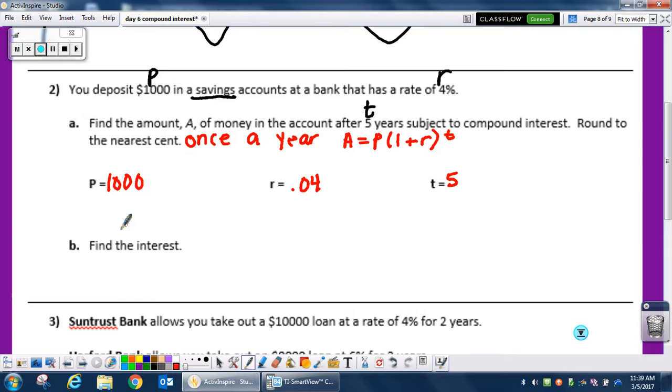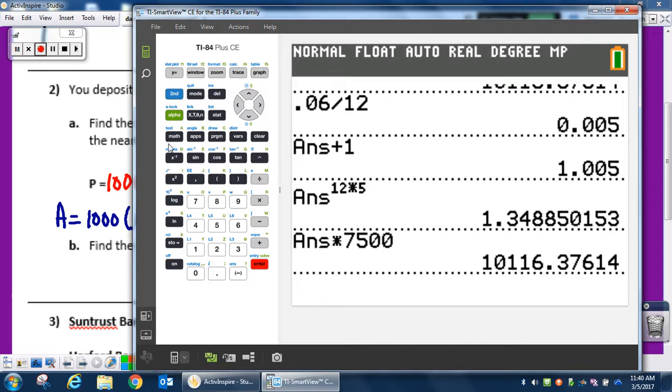Okay, so your substitution would look like, to find the total in your account, 1,000, I probably don't need to put that parentheses, 1 plus 0.04 to the 5th power. So let's see how much money would be in that account.